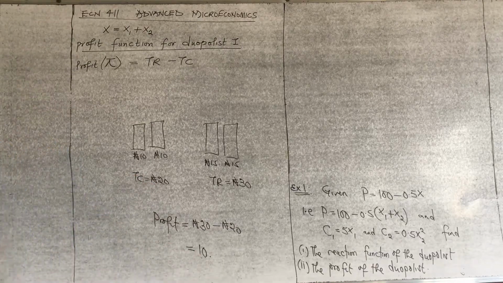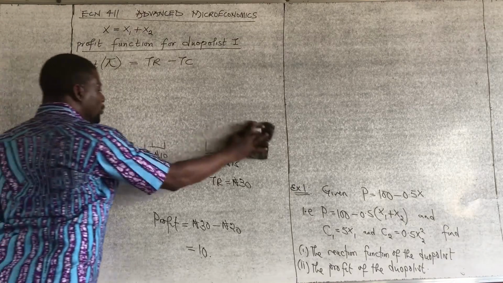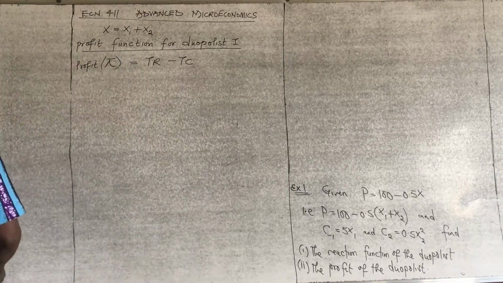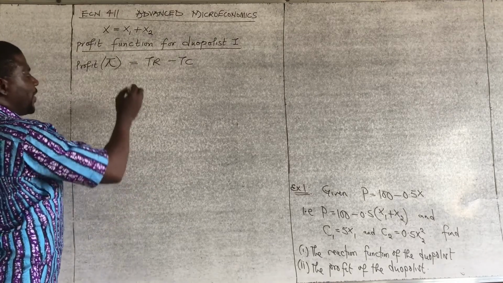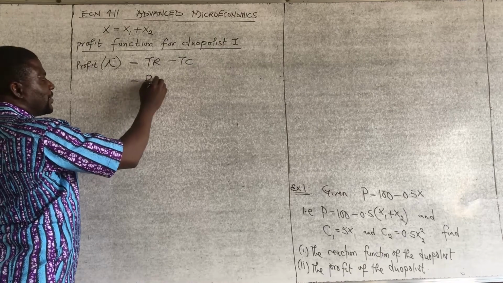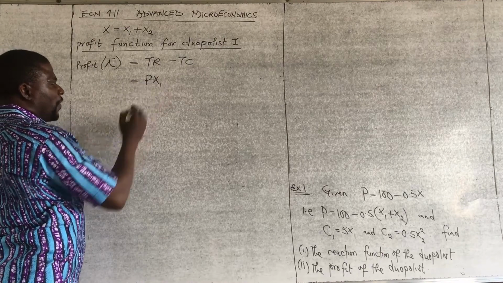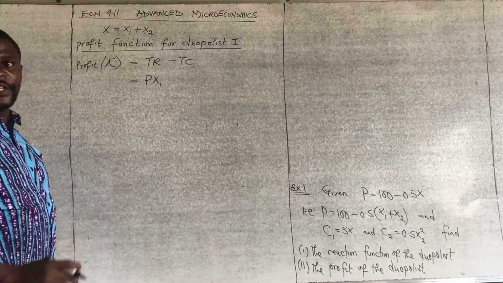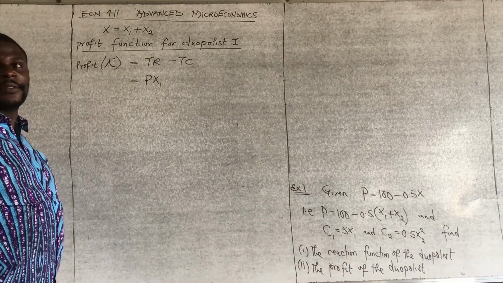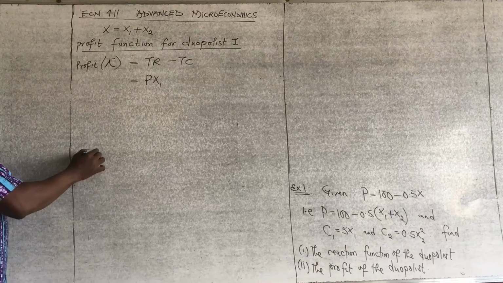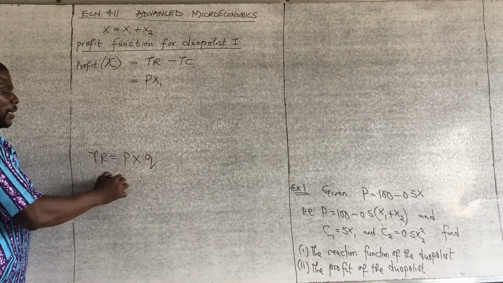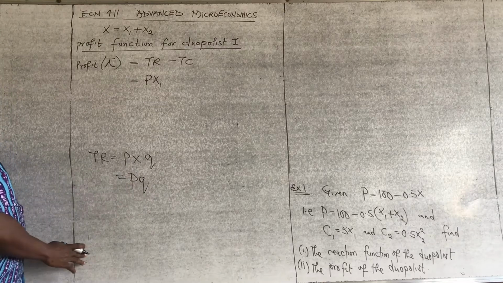Now, having said that, our total revenue is price times quantity. Don't forget I said quantity here is represented by X. At every given point, your total revenue is always price times quantity, which is the same thing as PQ.